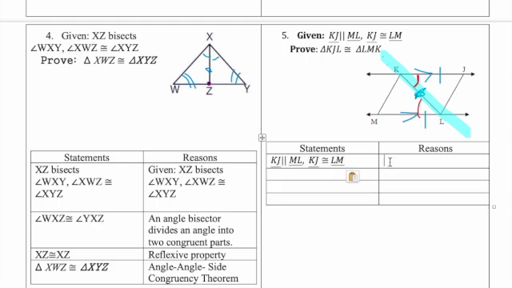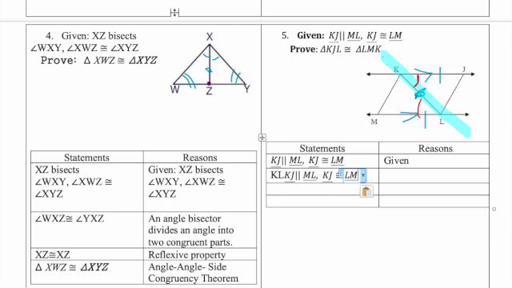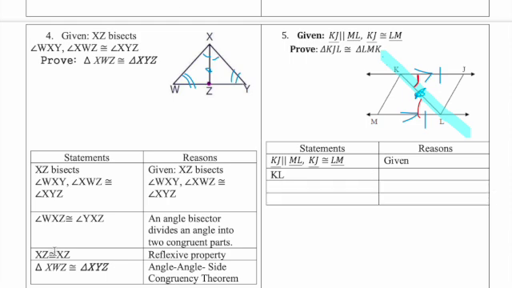And that's given. We know that KL is congruent to KL. Okay, and that's reflexive property.